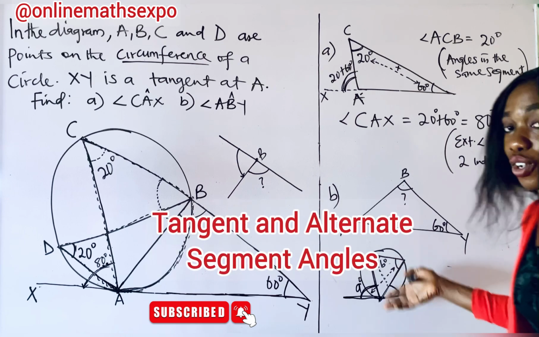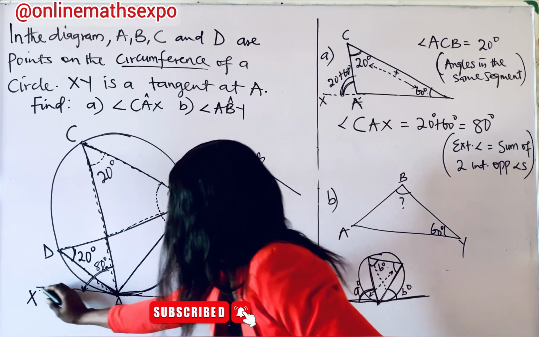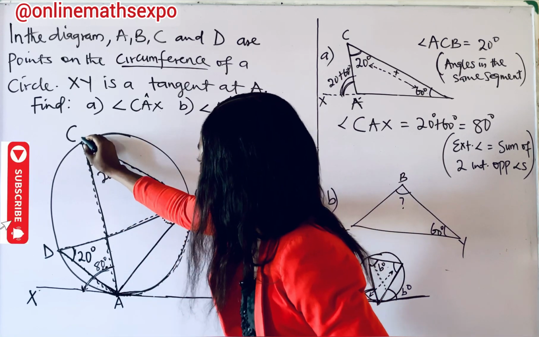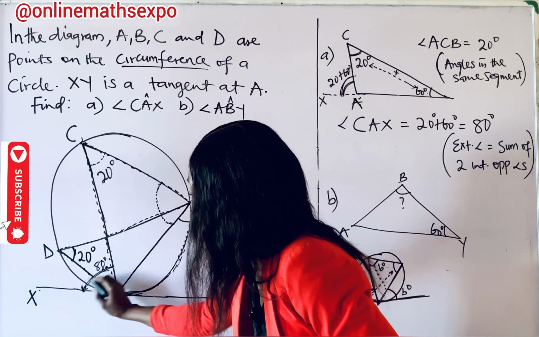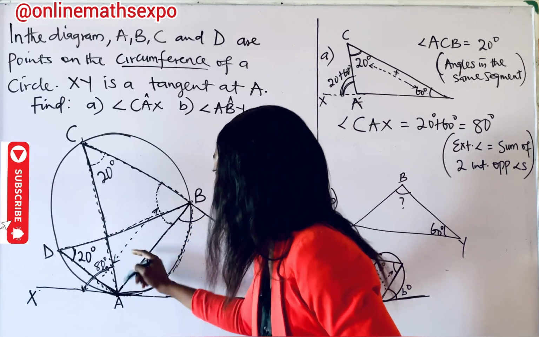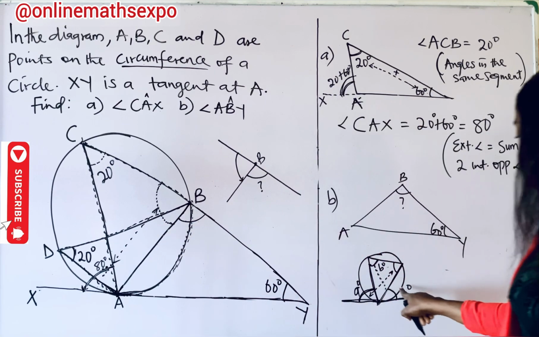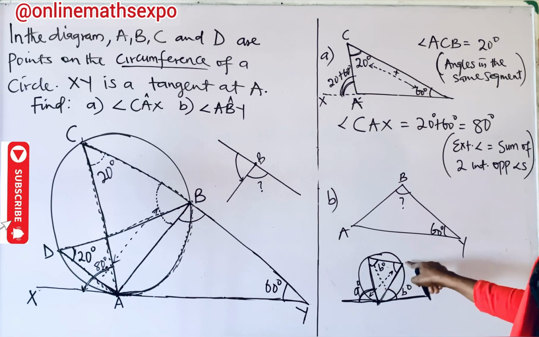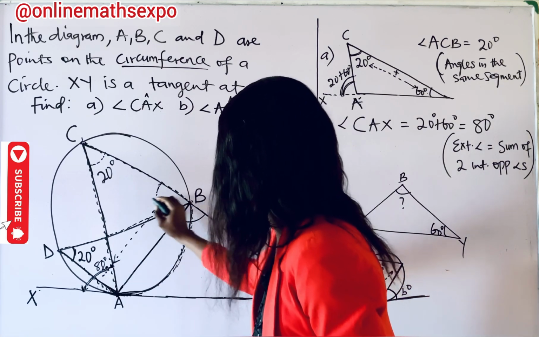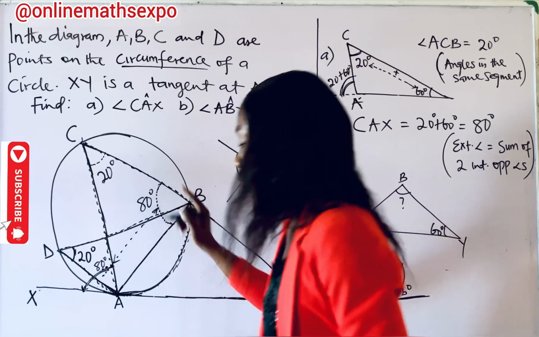This is a tangent, as we've seen, and this is a chord. So you see they both make an angle 80. So it should be equal to the one in the alternate segment. Did you see it? So you see it's obeying this. So it means that if here is 80, this angle made here will also be 80 degrees.